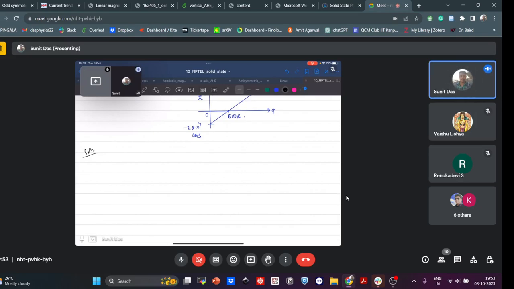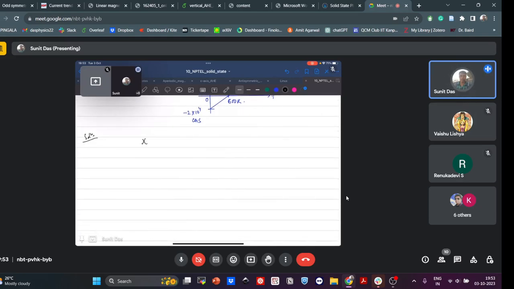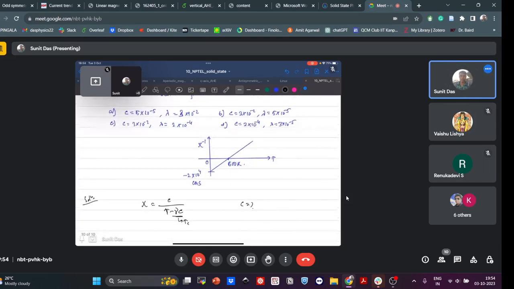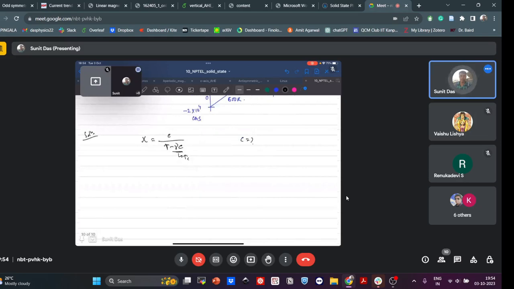Magnetic susceptibility is given by C by T minus gamma into C, where gamma C represents Tc. First we need to find C, and then the molecular field constant, which is gamma inverse. So we need to find both gamma and C.